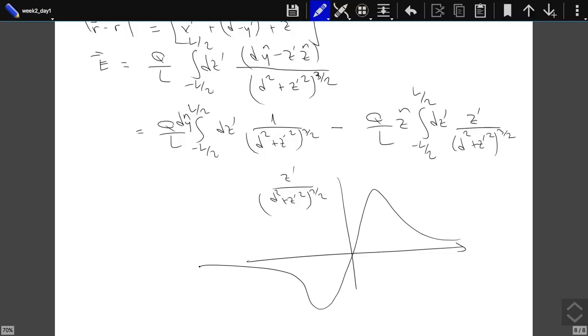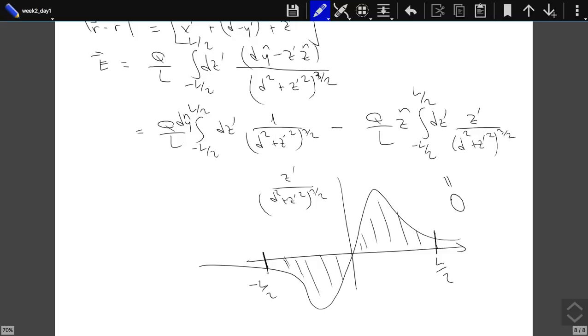It looks something like this. It's an odd function, and we are integrating it from minus L over 2 to plus L over 2. But this area over here, since it's an odd function, is equal to this area over here. But one is negative, one is positive, so when you sum them up, the result is 0. This integral is 0. That's why I prefer to put it in the middle. At least now we only need to evaluate one integral.